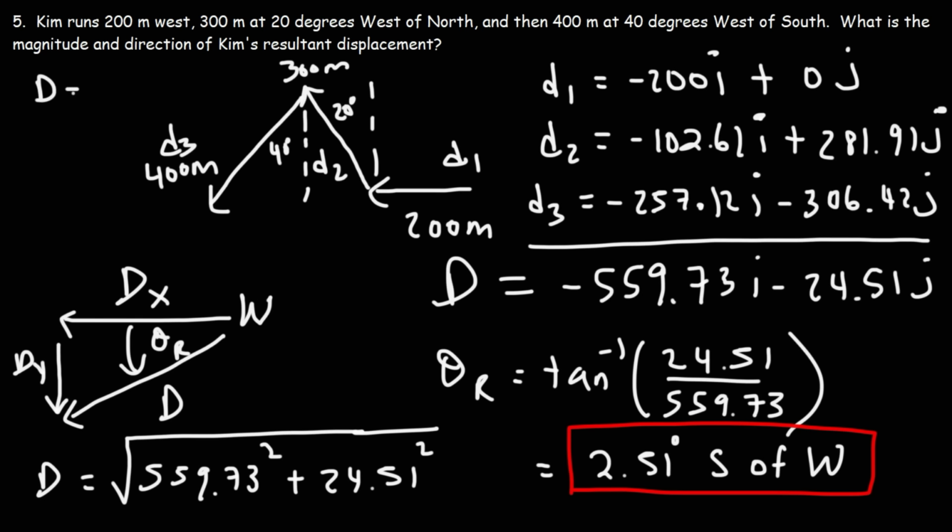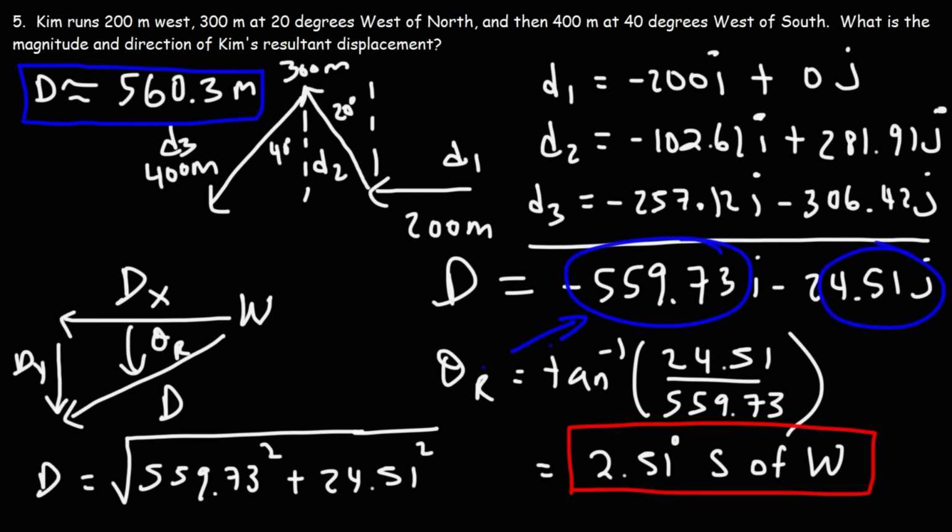So I got approximately 560.27, but we can round that to 560.3, and the unit is meters. So that's the magnitude of the resultant displacement. It's very close to this number because this number is significantly larger than the y component.